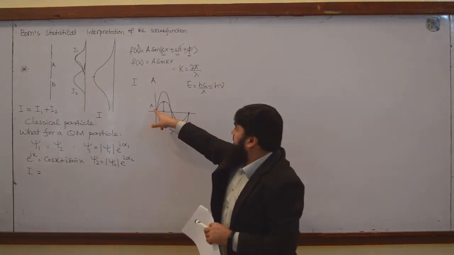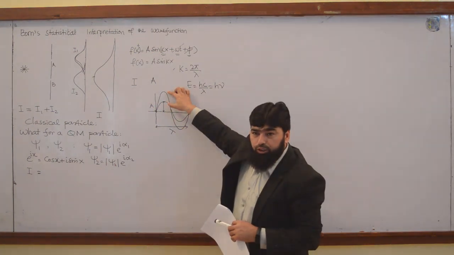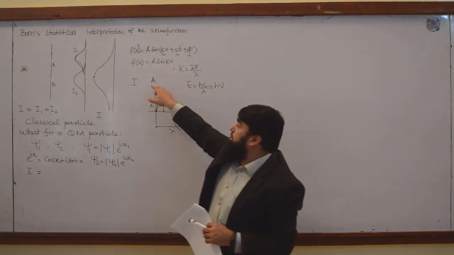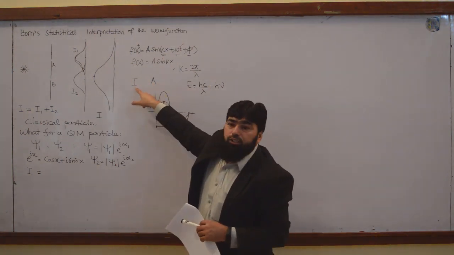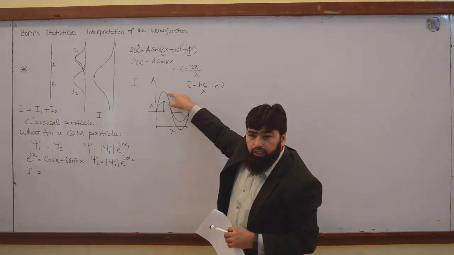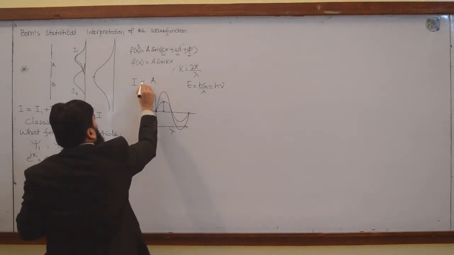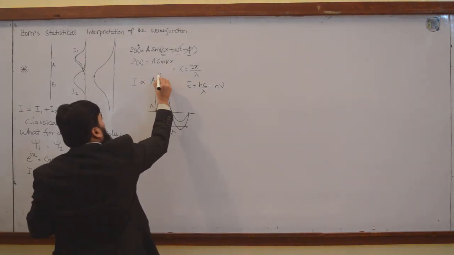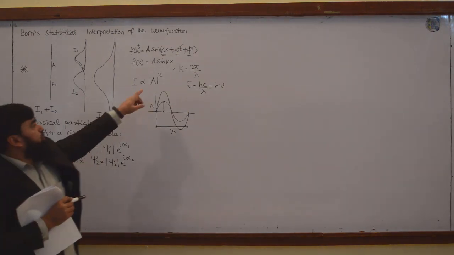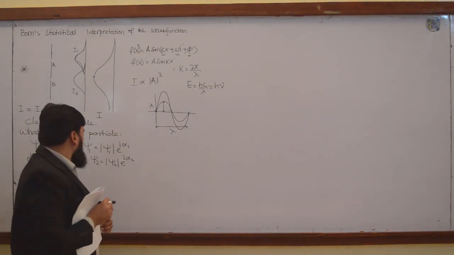Like this one has this much amplitude and this has almost double the amplitude. The property that will be different is called the intensity of a wave. This wave will now have more intensity compared to this wave. So the intensity is proportional to the square of the amplitude. So the amplitude of a wave gives you the intensity of a wave.